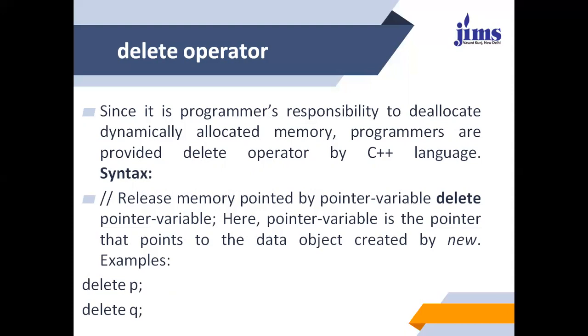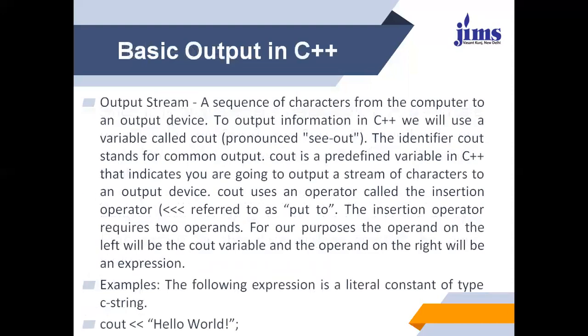Here, the pointer variable is the pointer that points to the data object created by new. This is the p which was created using the new keyword. So this is how you use the delete operator and the new operator, or you can say new and delete are the keywords used for dynamic memory allocation in C++.